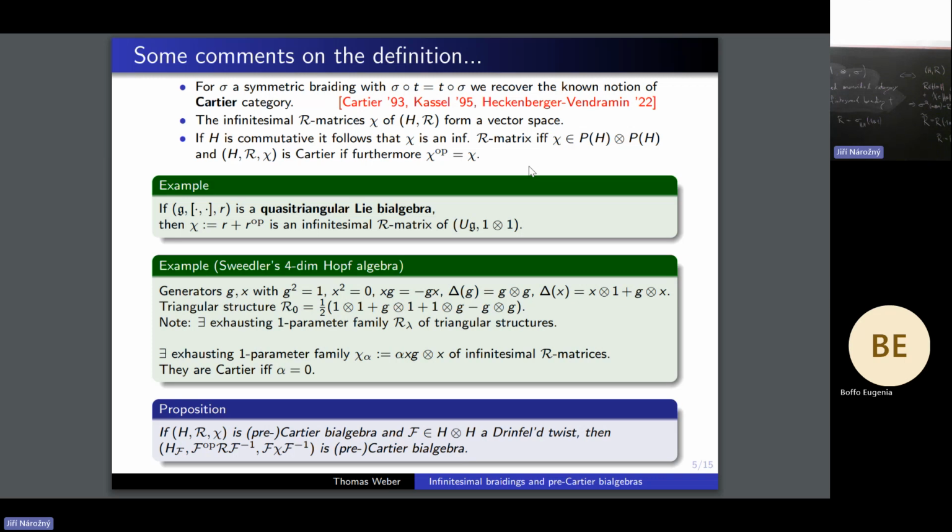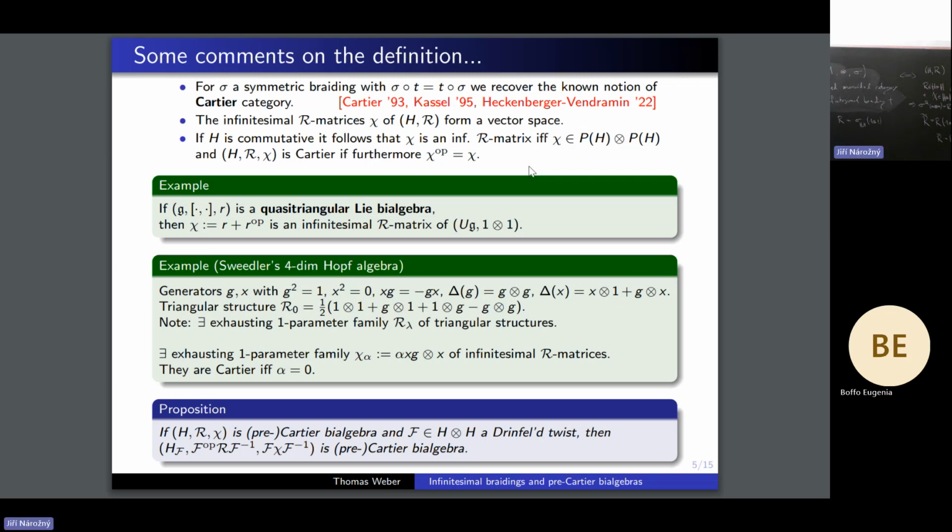Okay, some examples. If you have this triple, a quasi-triangular Lie bialgebra, I don't give the definition, but basically it is just a Lie algebra with a co-bracket, and this co-bracket is induced from an element small r, from what is called a classical R matrix.